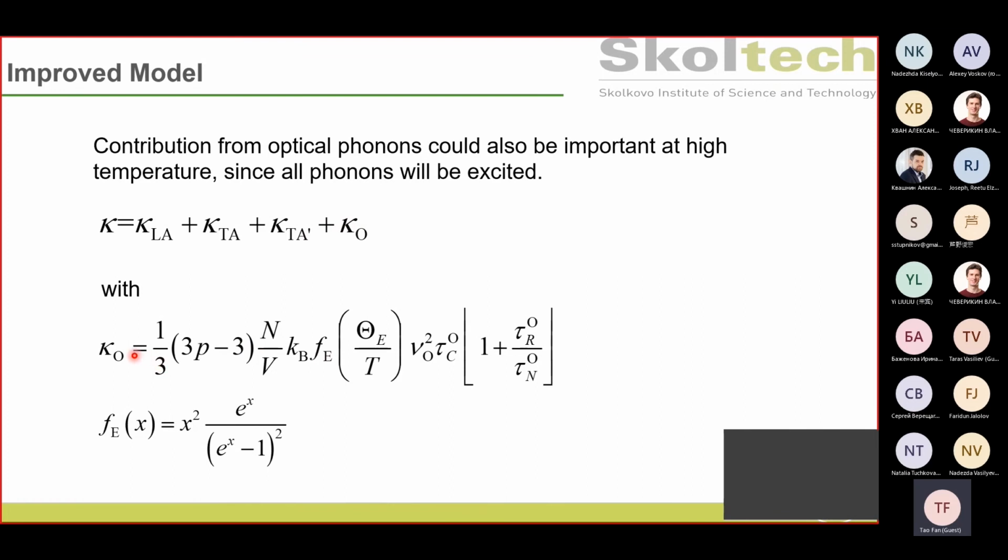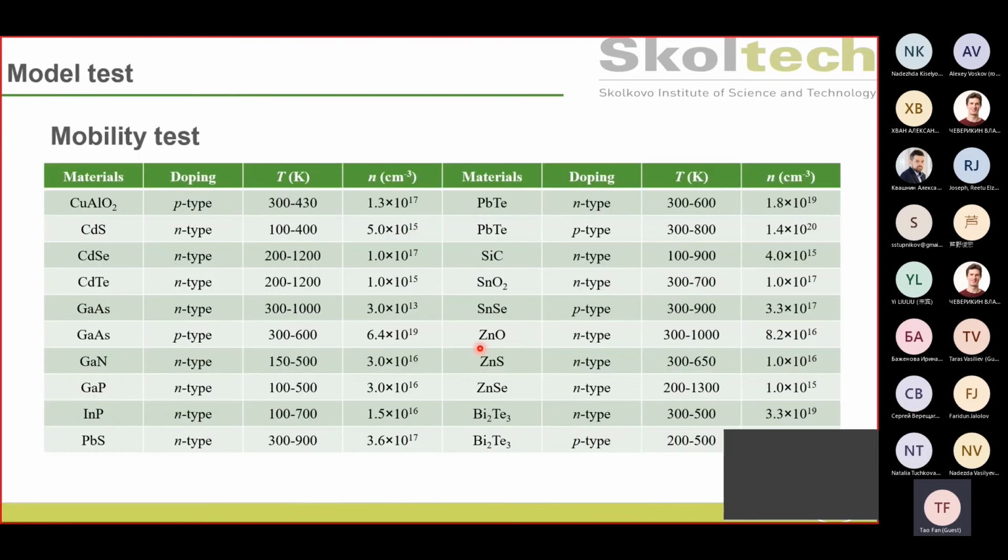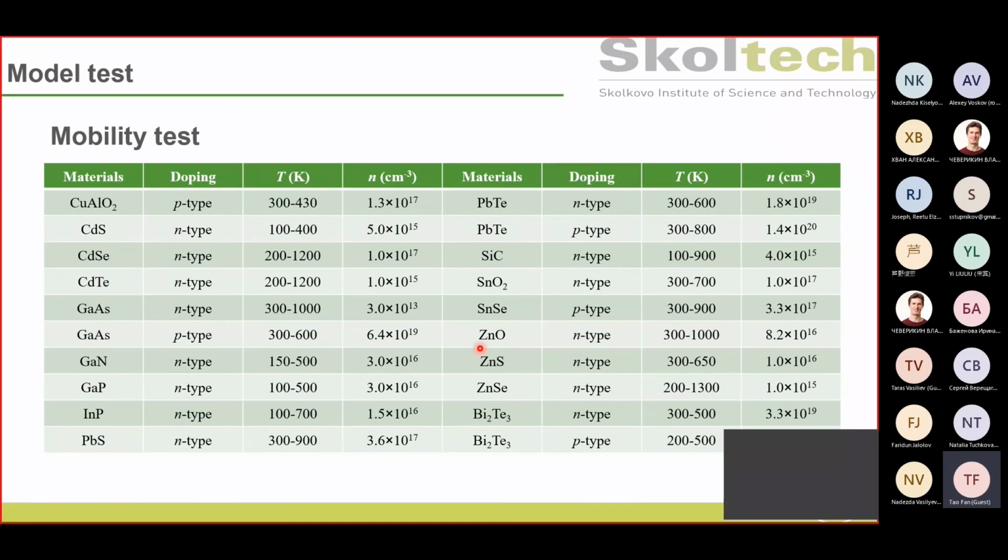For kappa O, I use the Einstein model instead of the Debye model to calculate its specific heat, and the formula for relaxation time is assumed to be the same as for acoustic phonons. Then the next question is probably how these models perform. Are they good? So here I will show some testing data.